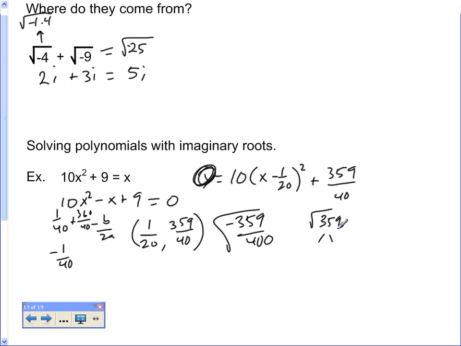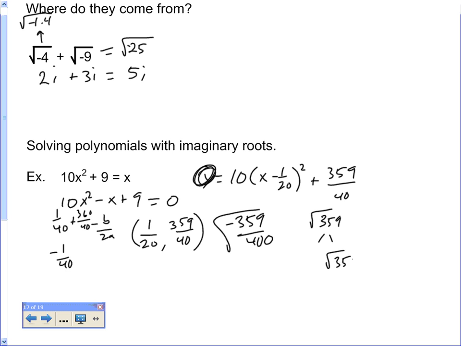I think that's prime. Because the digits don't add up to 3, it's not even, it doesn't end in 5 or 0, it's not divisible by 7. Okay, so that's prime, so I'm just going to leave it.